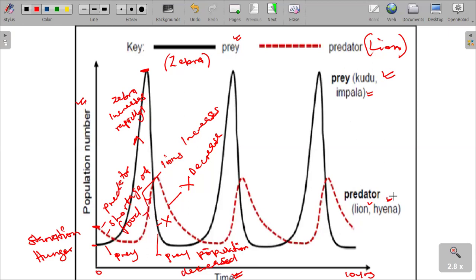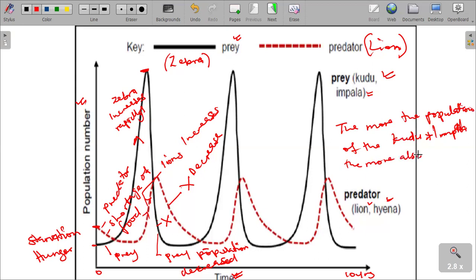So in this regard, what is going on is that the higher the population of prey, the more the population of the coot and impala, the more also is the lion and hyenas.